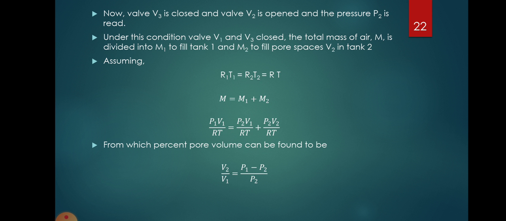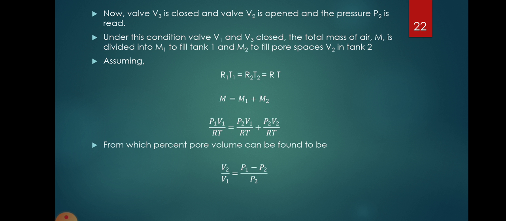Now valve V3 is closed and V2 is open and the pressure P2 is read. Under this condition, with valves V1 and V3 closed, the total mass of air m is divided into m1 to fill tank 1 and m2 to fill pore spaces V2 in tank 2.